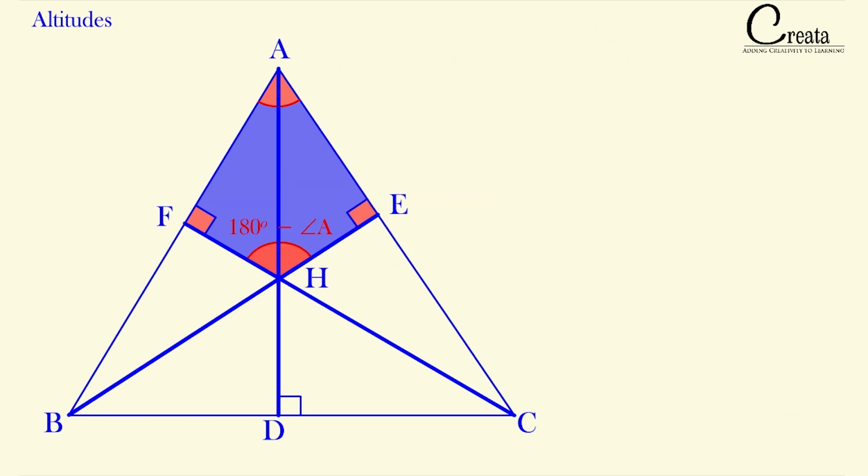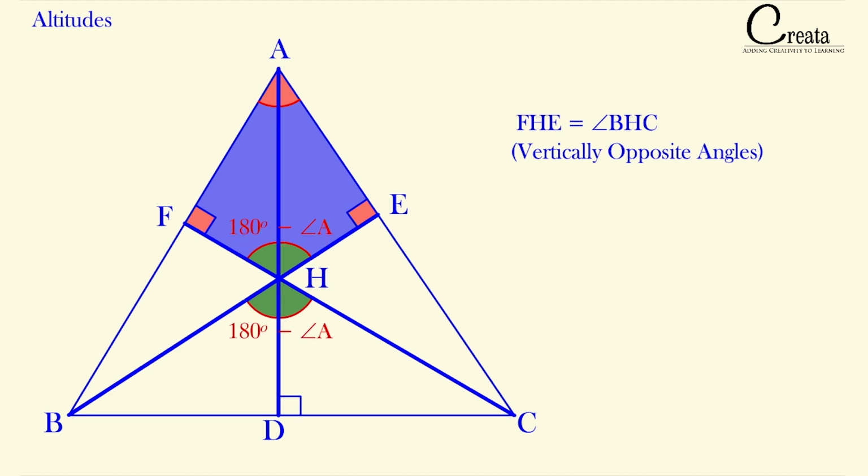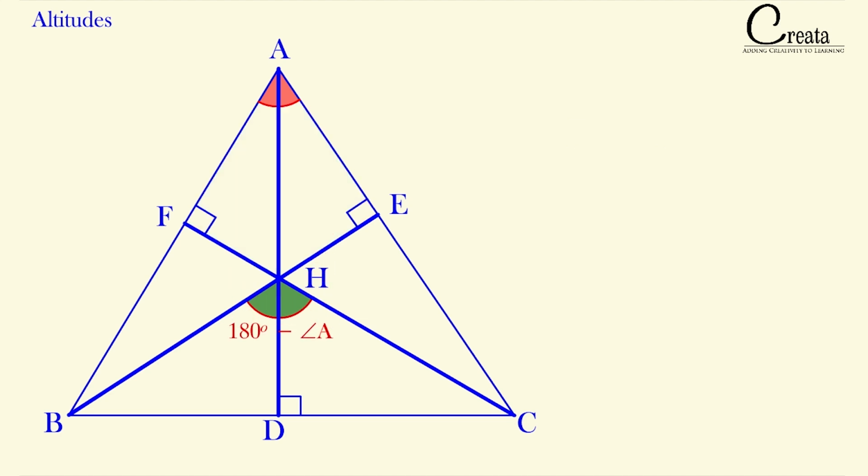Further, angle FHE and angle BHC are vertically opposite angles, and we know vertically opposite angles are equal to each other. So can we say angle BHC is also equal to 180 degrees minus angle A?